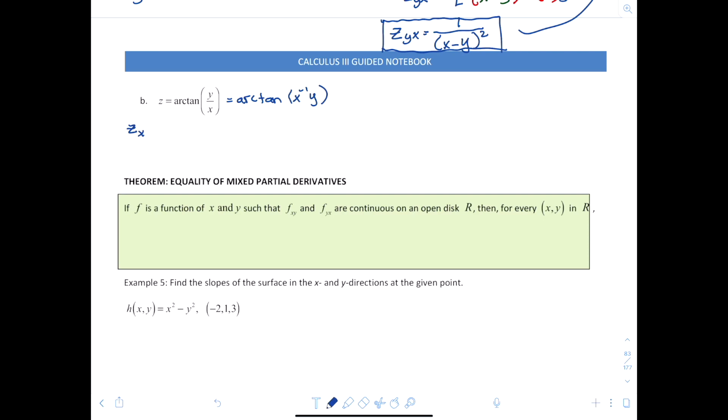So do you see that we would end up getting negative x to the negative 2 times y, and then over 1 plus what's inside there squared. So we'll end up with negative x to the negative 2 times y over 1 plus x to the negative 2 times y squared.